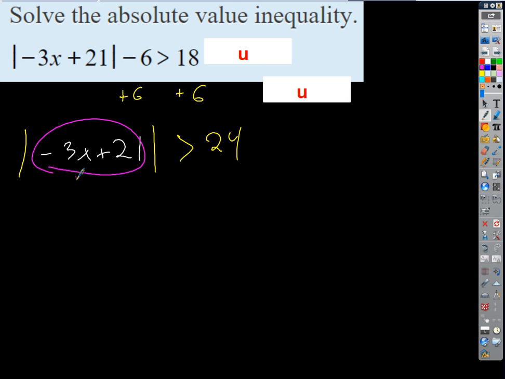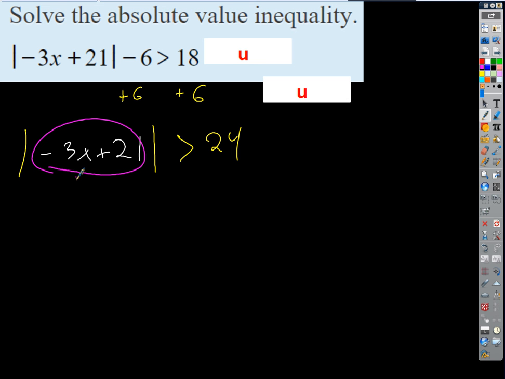Is the absolute value of 30 greater than 24? Everybody focus now. Is that yes or no? What about 100? Is the absolute value of 100 greater than 24? What about the absolute value of 10? No, it's too small. What about the absolute value of negative 10? Doesn't work. It's too small. What about the absolute value of negative 100? That works. So it's got to be the extreme values, the really positive or the really negative ones.